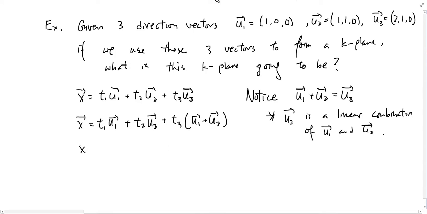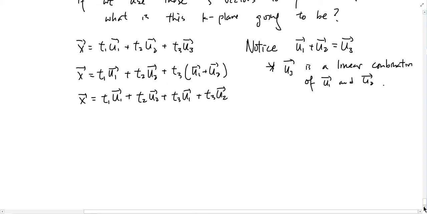Notice what happened. That means I will have t1 vector u1 plus t2 vector u2 plus t3 vector u1 plus t3 vector u2. Now I notice that I have two terms that have vector u1 in them and two terms that have vector u2 in them, so I'm going to collect them together.